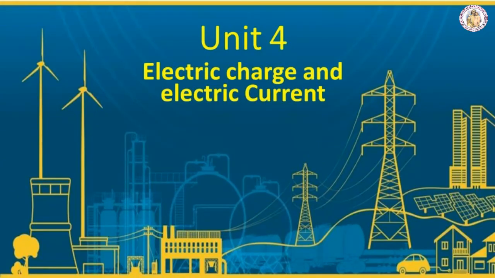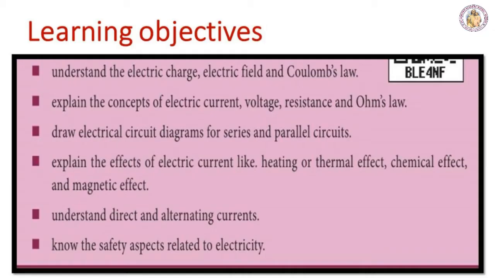Hello children, today we are going to learn Unit 4: Electric Charge and Electric Current. In this lesson we are going to learn about electric charge, electric field and Coulomb's law, and the concept of electric current, voltage, resistance and Ohm's law, and to draw the electrical circuit diagrams for series and parallel circuits.